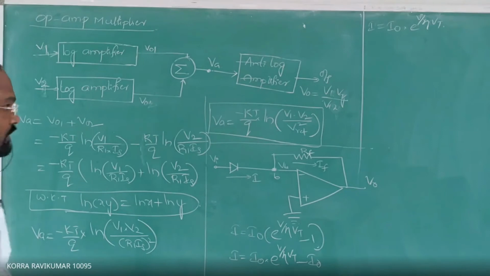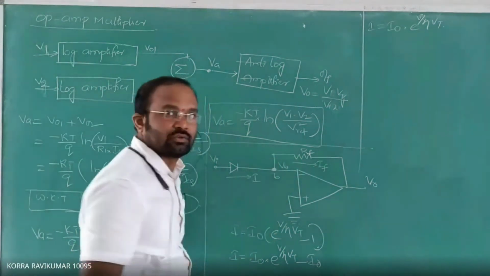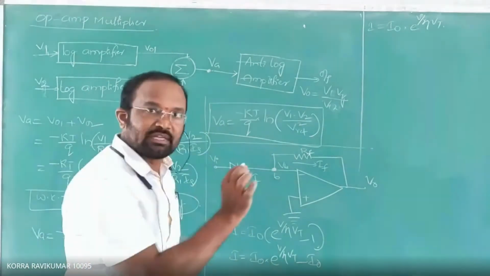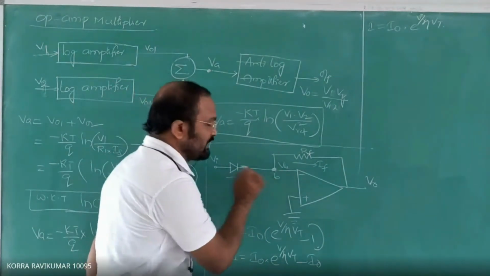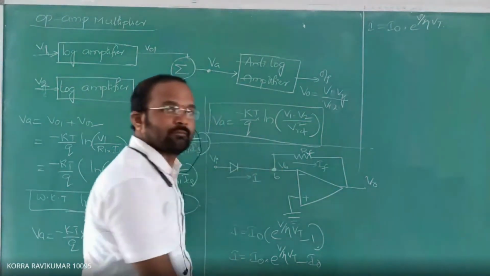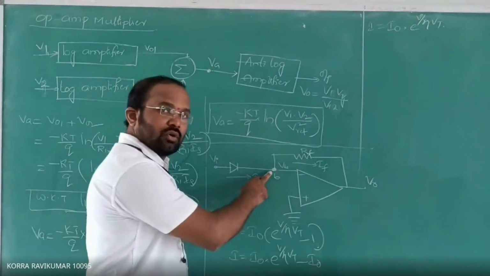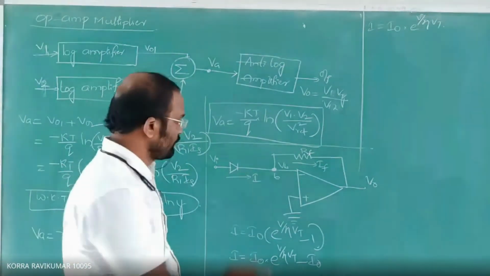Now, look at the circuit here. I want the expression for IF also, because it is a virtual node, the potential present at this node is equal to 0. Your virtual node is B. The potential present at this node is VB, which is equal to 0. As it is a node, we need to apply the KCL rule there, Kirchhoff's current law. What is that?